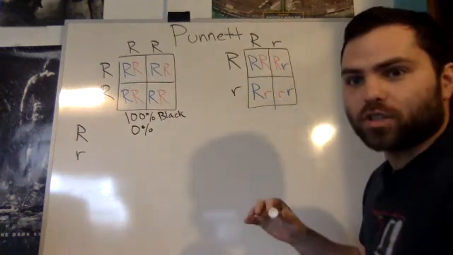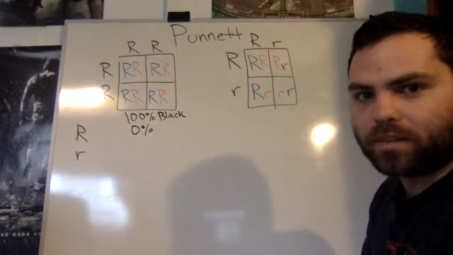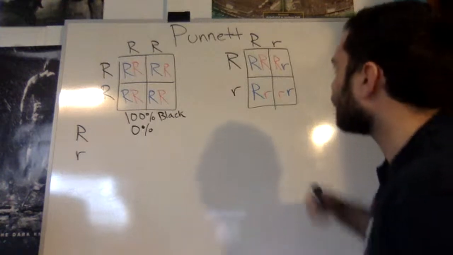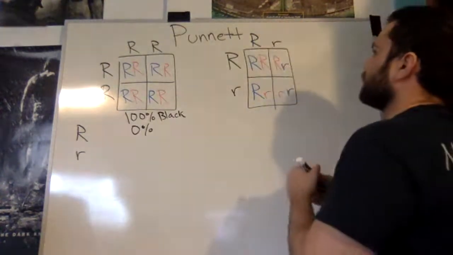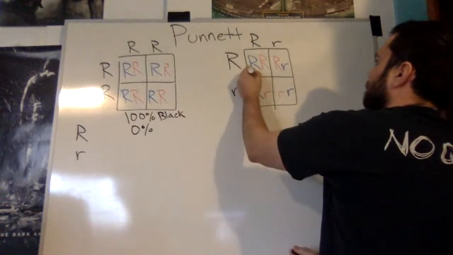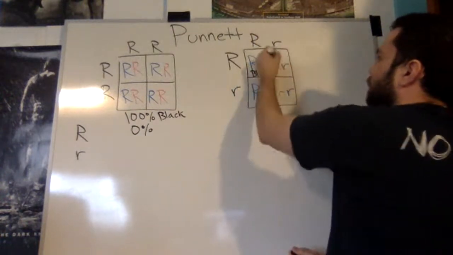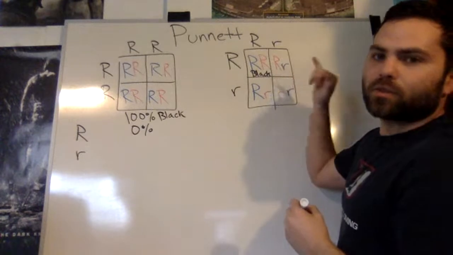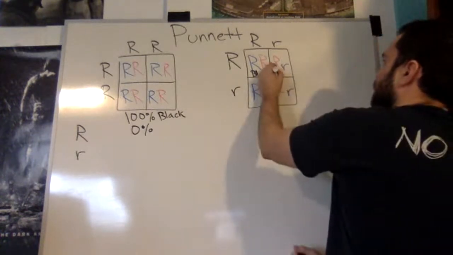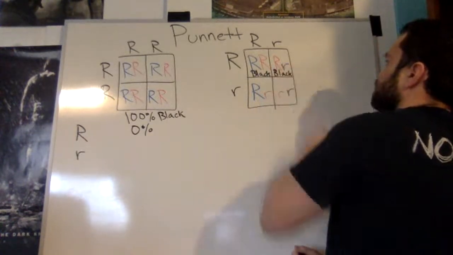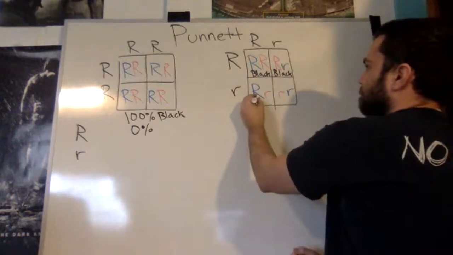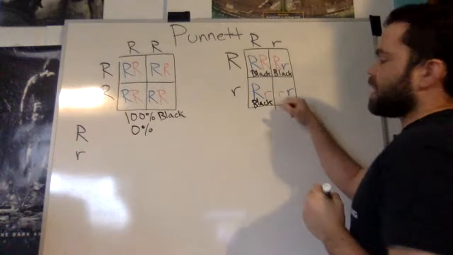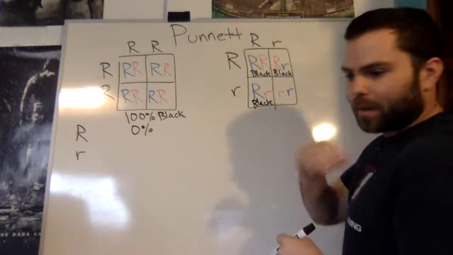So remember, every time there's an uppercase R, that's a dominant gene, which means you're going to have black hair. So we have an uppercase R and an uppercase R here. So that's going to be what? Black hair. We got an uppercase and a lowercase. Even though there's only one uppercase, you're going to have black hair. Uppercase and lowercase, that's going to be black hair again. But now you had two lowercase r's, so what's that going to be?